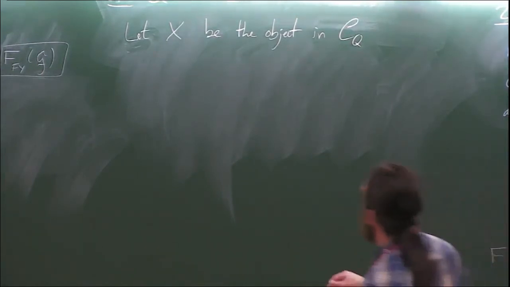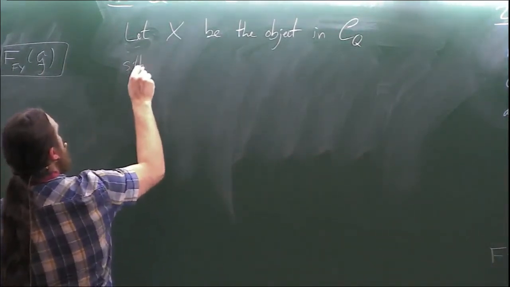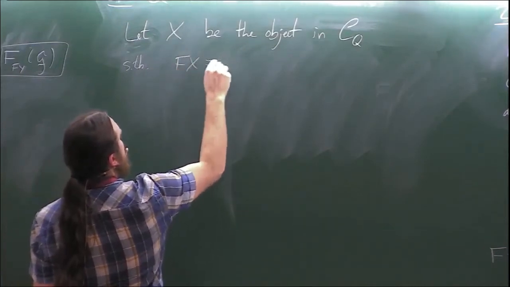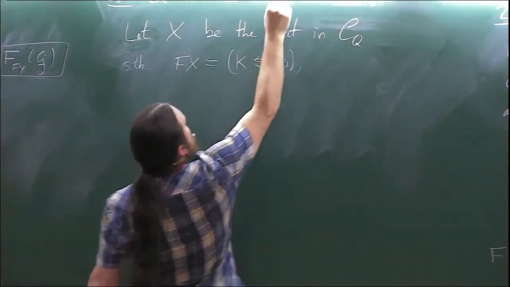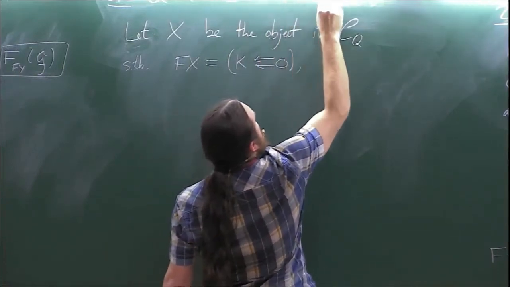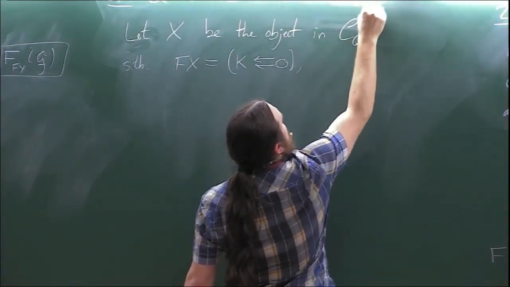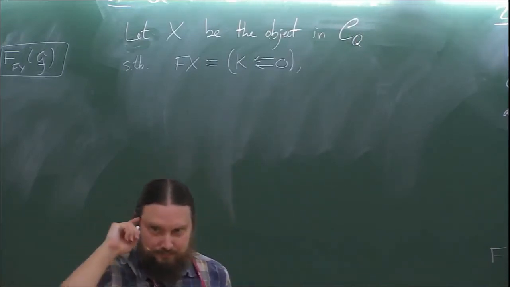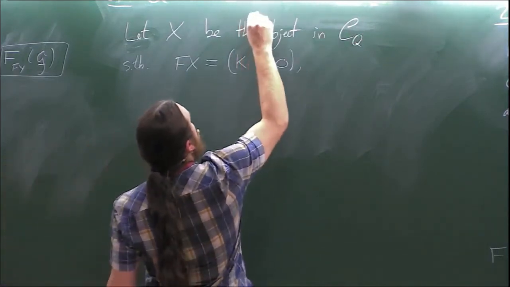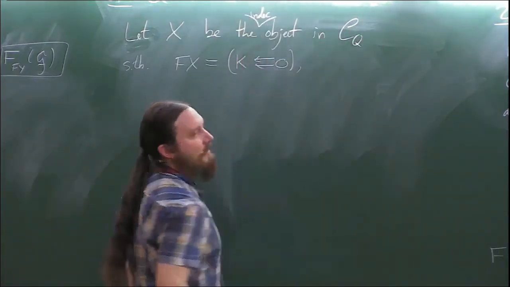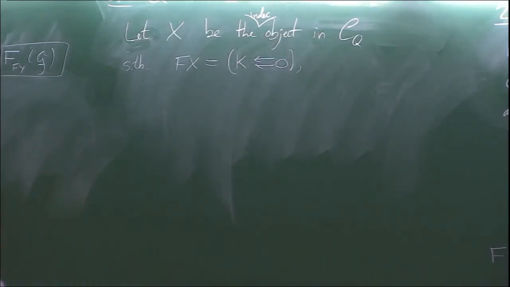So this is the object such that f of x is this module. T is the sum of the two shifted projectives. Otherwise, I could add as many copies of T as I wanted, and I would get the same module.